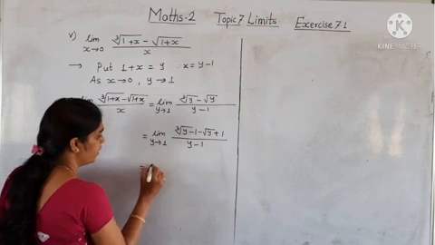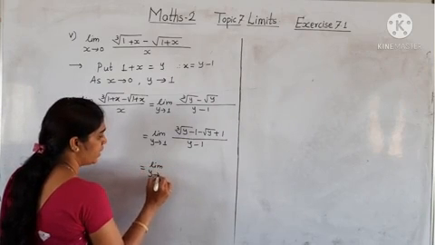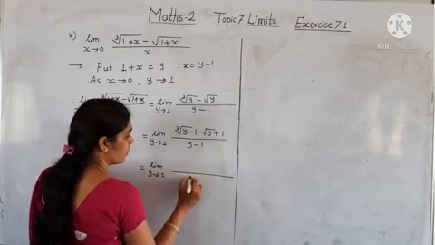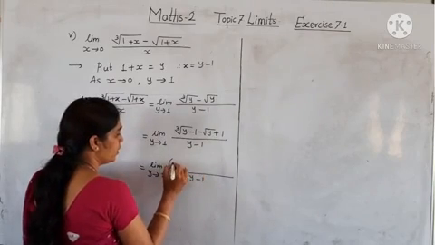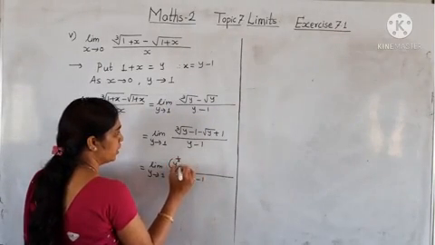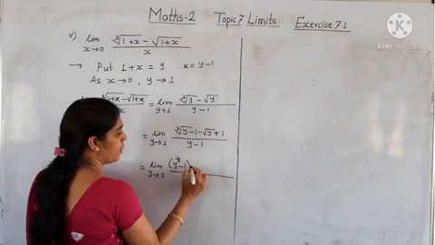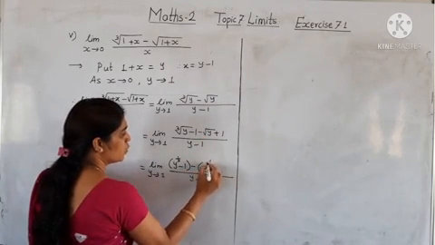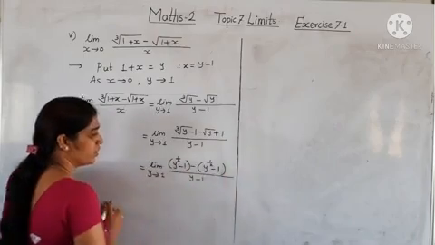So here I write limit y tends to 1, denominator as it is, y raised to 1 upon 3 minus 1. Here take minus common, y raised to half minus 1.